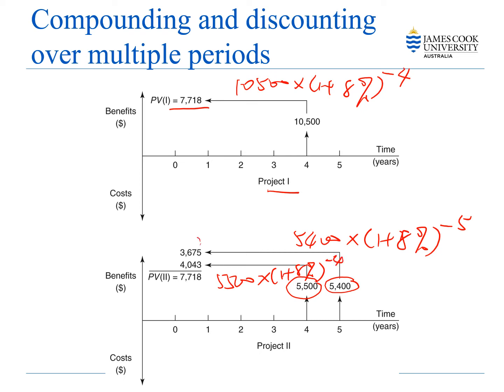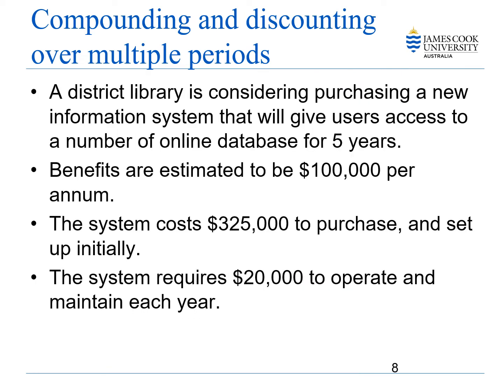Then we get the present value of these two terms, sum them up, and we find that it's actually the same as the project 1. So you're going to conclude that these two projects yield exactly the same present value of net social benefit, and they are the same.